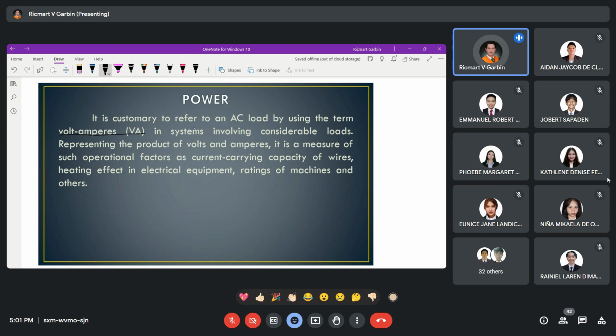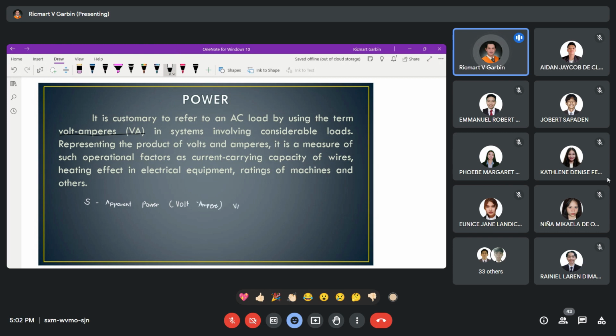So ibig sabihin, yung power representation natin when we are talking about AC circuits or AC loads ay in terms of volt amperes, which is represented by S. Meron kasi tayong tatlong uri ng power. Yung una ay ang apparent power, which is yung S, in volt ampere.